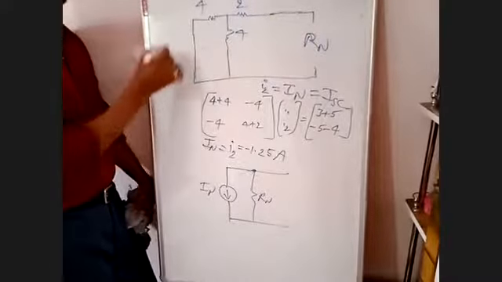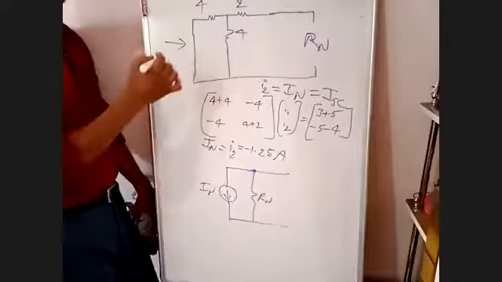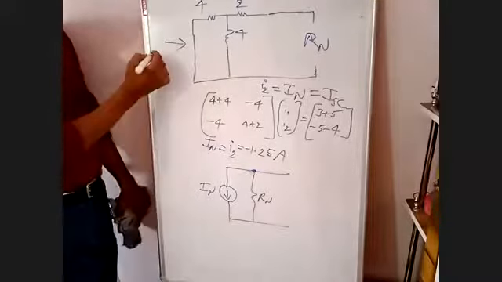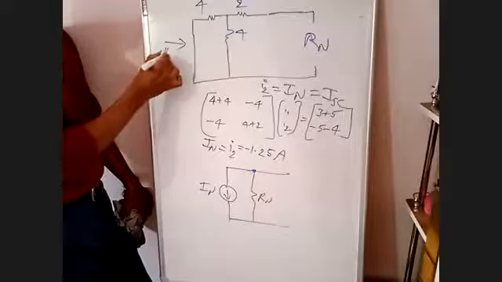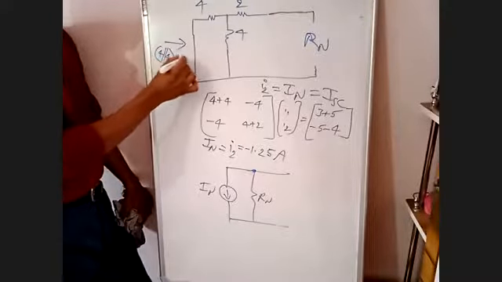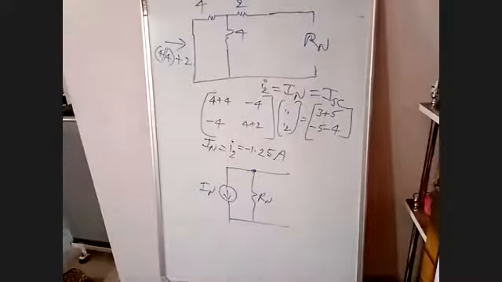If Rn is this side, calculate from the opposite side. That is, your 4 and 4 are in parallel, in series with 2.